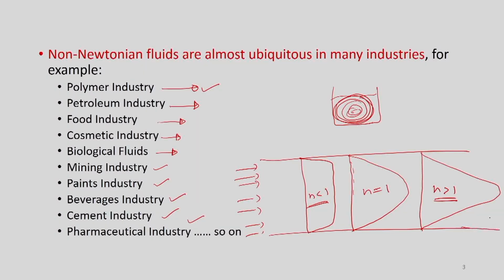So, for different types of fluids, for the same pipe dimensions, where only the type of fluid has been changed, we can see that within the fully developed flow region, the velocity distributions change very drastically, right.